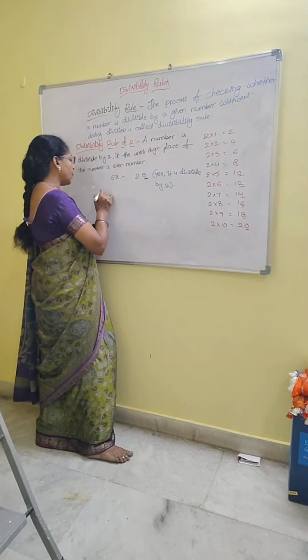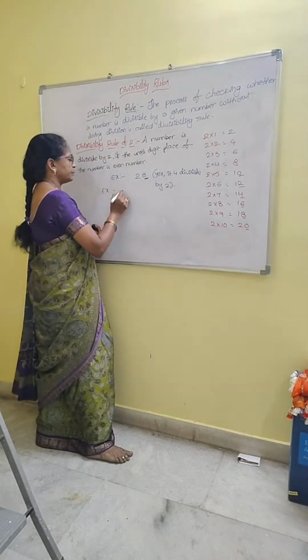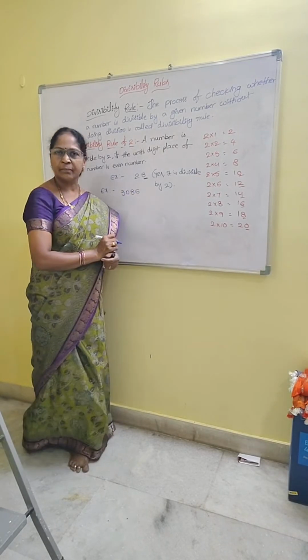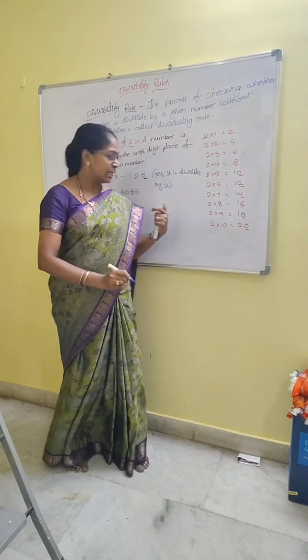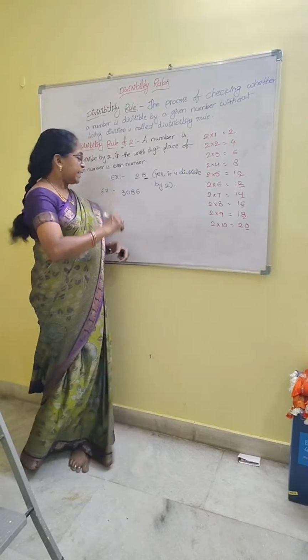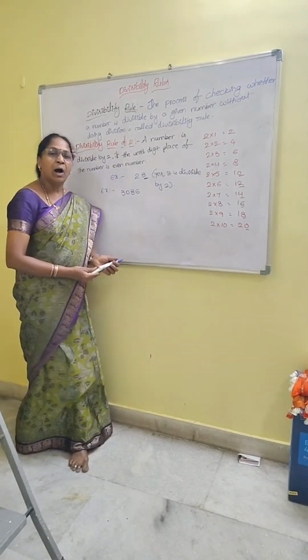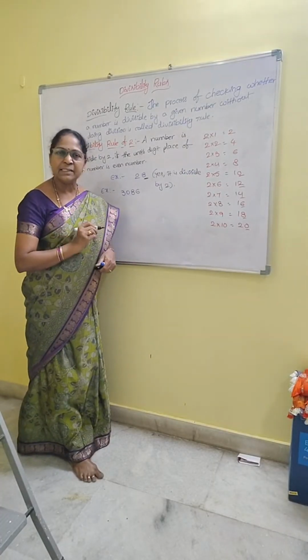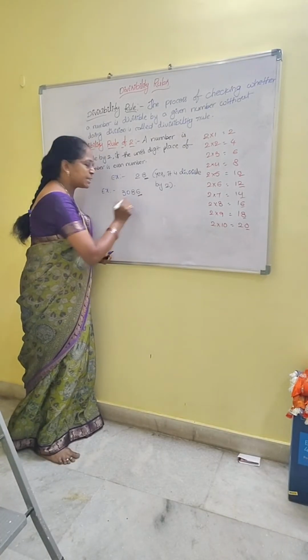For example, one more example: 3086. Is it divisible by 2? Yes, it is divisible by 2. How can you say? Here in this number, the unit digits place of the number is 6.